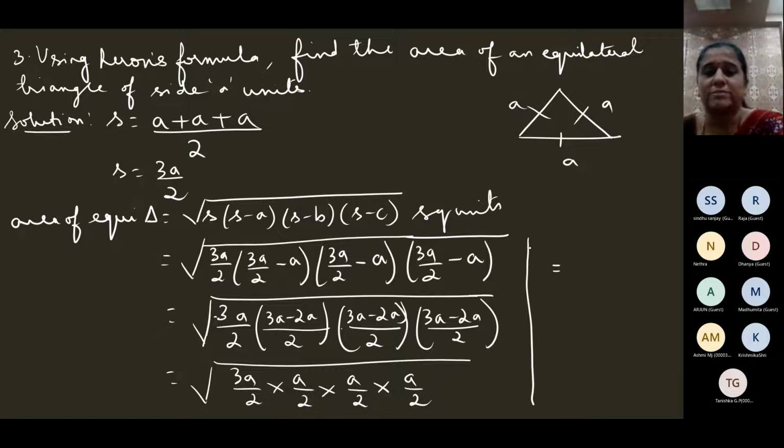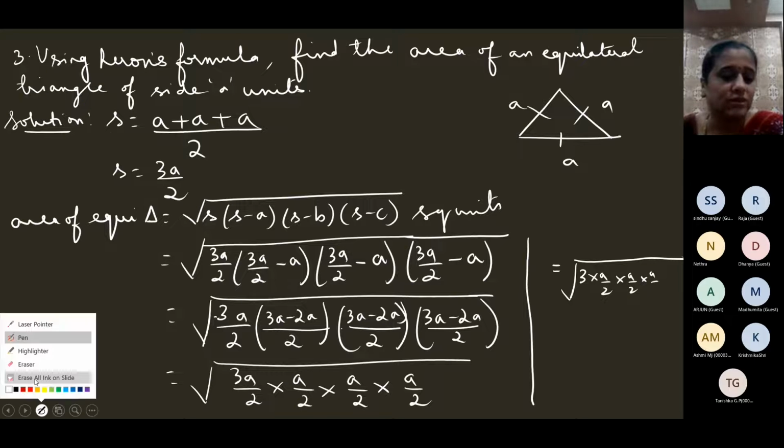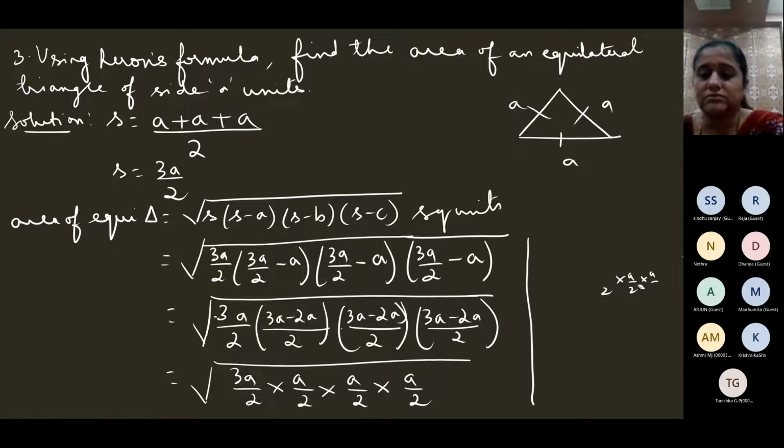So that's equal to, can I write this as square root of 3 into A/2 into A/2 into A/2 into A/2? Am I right?